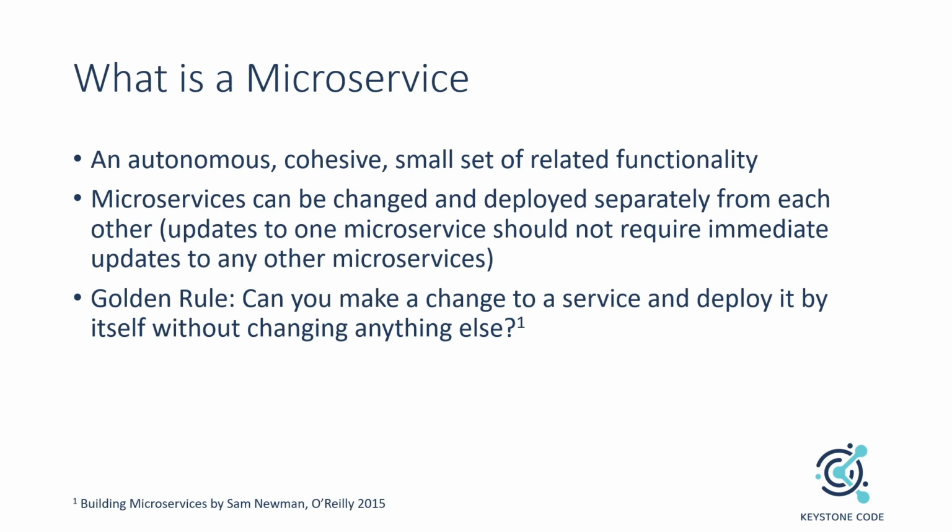If you start to decompose a monolithic application into microservices, what we're saying here is there should be the ability, if we've successfully implemented the microservices correctly, to update one of those microservices without forcing an immediate update of the other microservices.